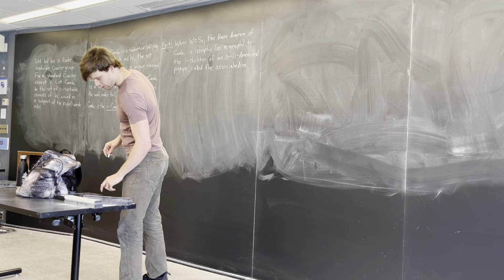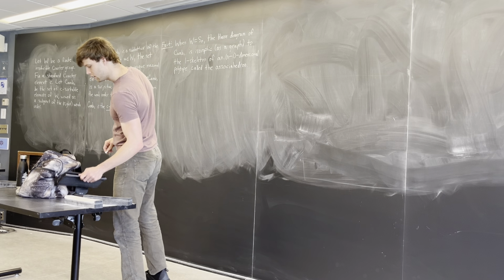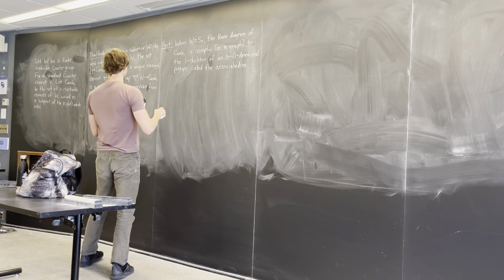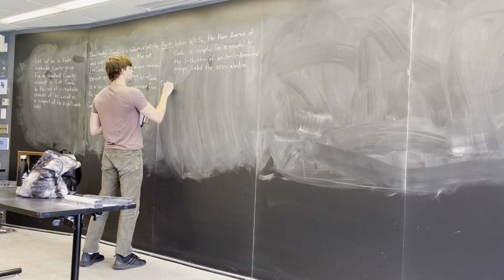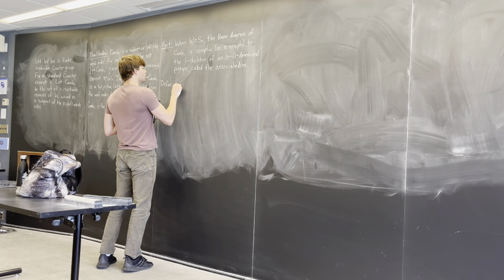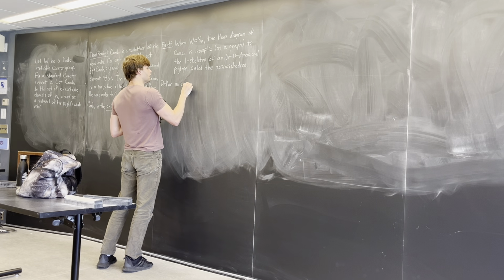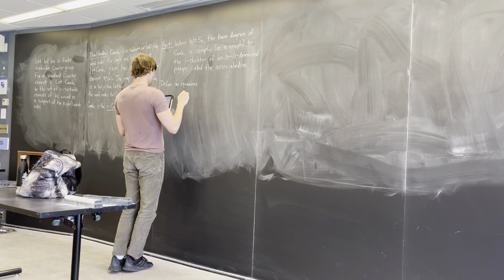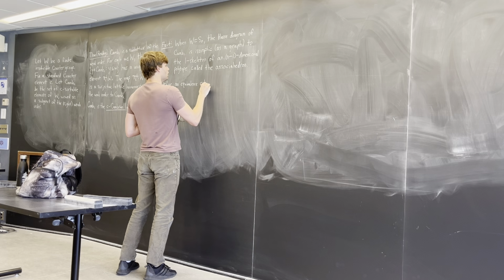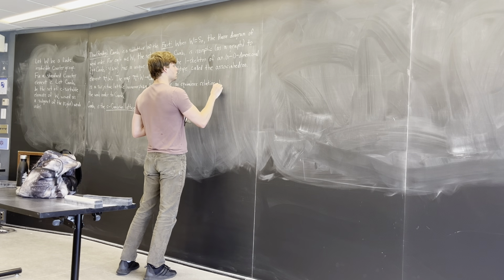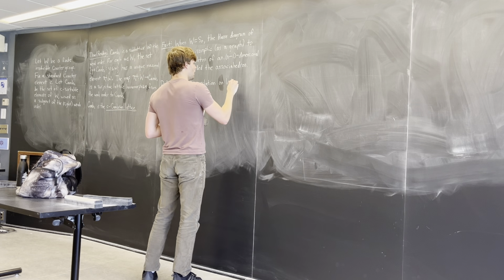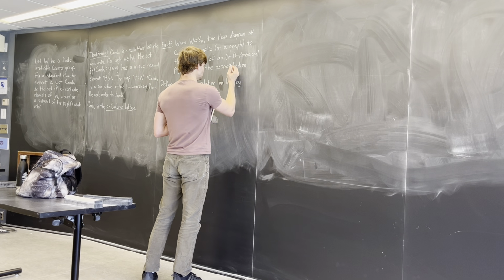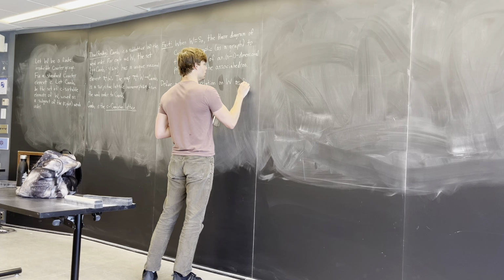So let me show an example. Actually, first let me define an equivalence relation on the Coxeter group W as follows.